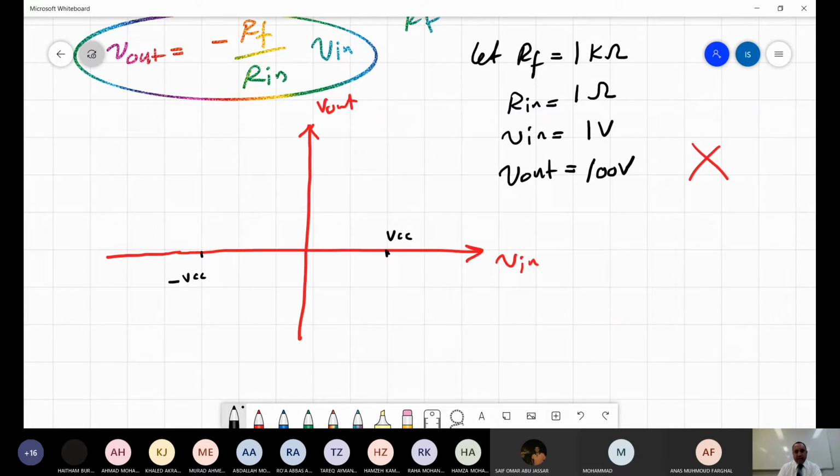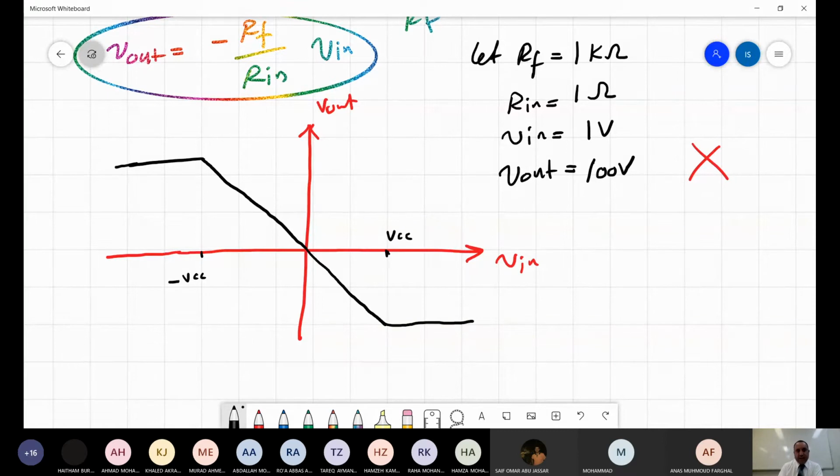The same thing here. If the input is positive, I will get negative output until VCC, then this will be saturated.